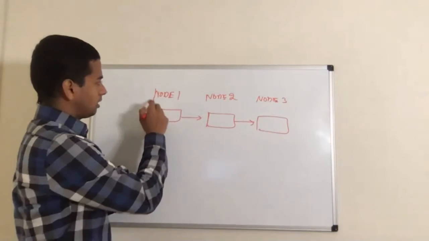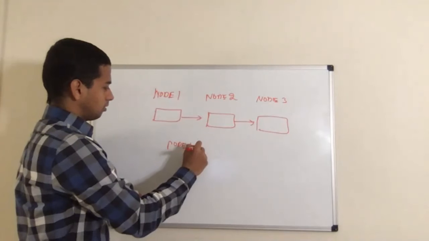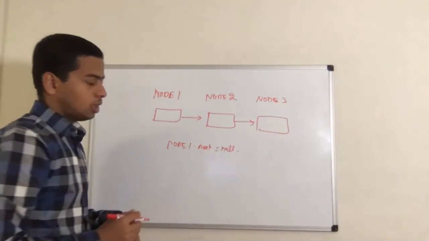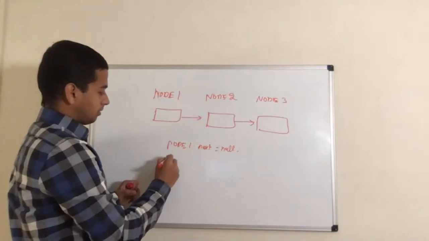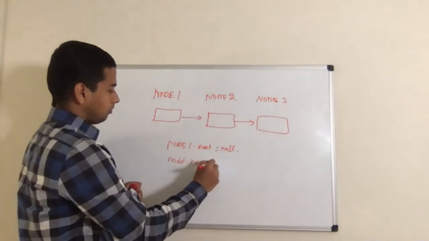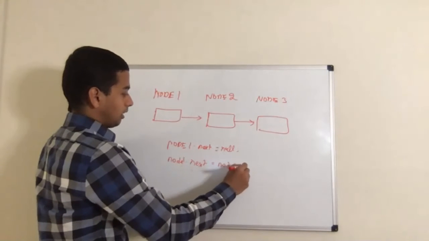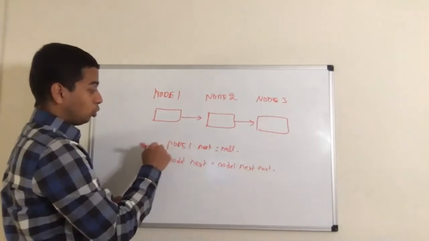I will remove what is next of node 1. Node 1 dot next, I'll make it null. Or I can make node 1 dot next equal to node 1 dot next dot next. Either I can do one of these two.